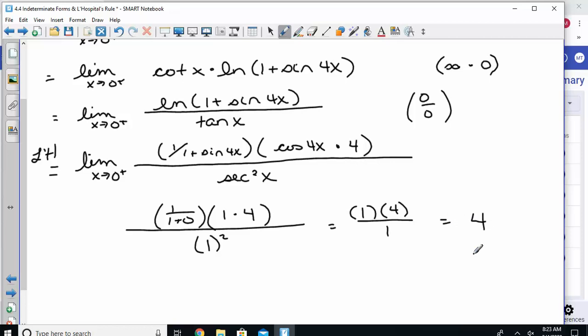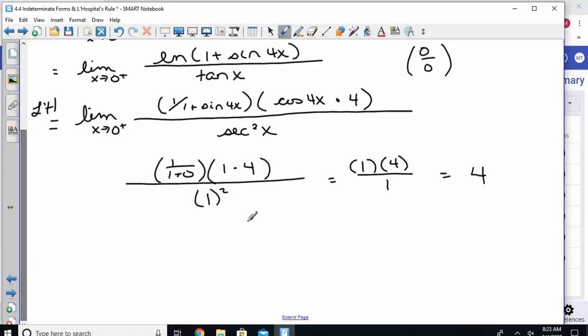However, that is not my final answer. We added a log into our problem. We got to the point where we could simplify this. So the final answer, what is the opposite of a log? The e. So our final answer is actually e to the 4th power.